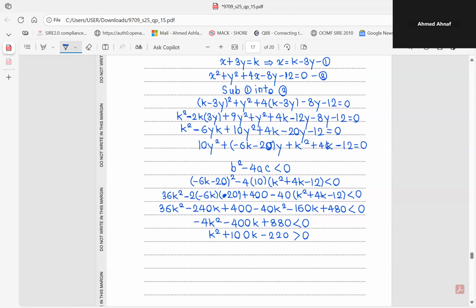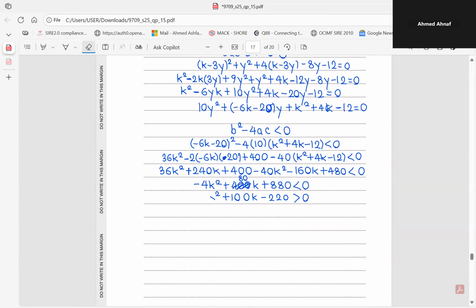So this is supposed to be a positive value. Yeah, this k value is supposed to be positive. So this is 240k minus 160k, you get 80k, plus 80k.